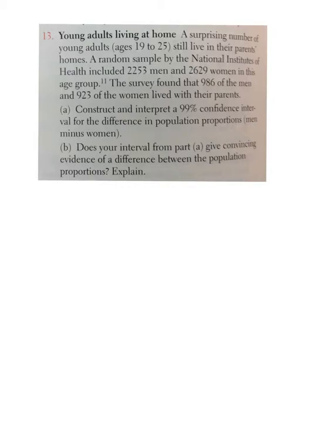Okay, on this one, letter A, we are going to do a confidence interval, 99%. So we need two proportions. Let's see. 986 out of that group, right?